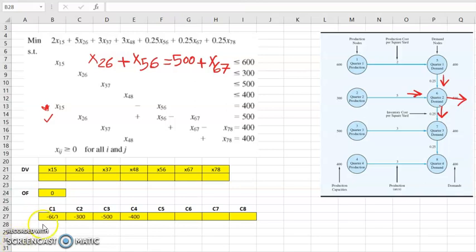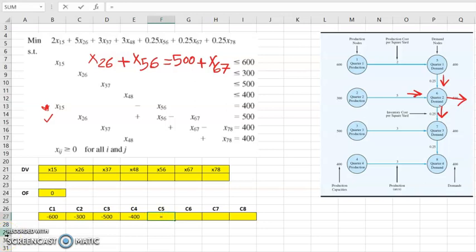I just finished the constraints regarding the supply points, and here we have quarter 1, quarter 2, quarter 3, and quarter 4. Let's do the constraints regarding the quarter 1 demand point.